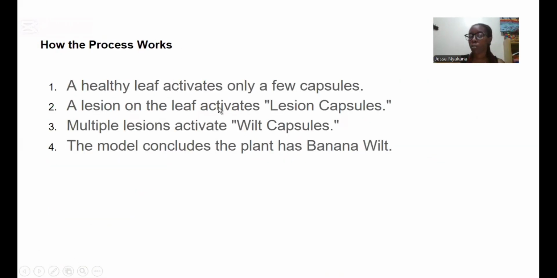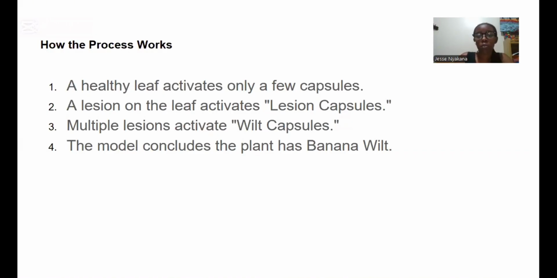So how the whole process works, the capsule network model. We assume that we've built a capsule network model and it has different layers. If I input an image of a healthy leaf, the model is going to activate only a few capsules, which will show that this is a healthy leaf.